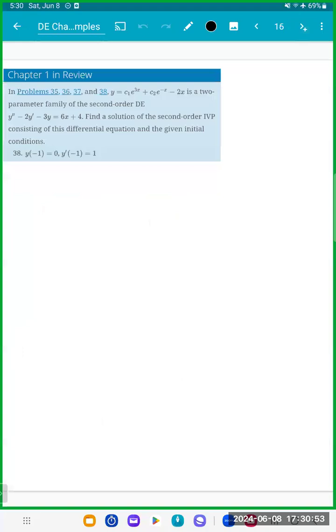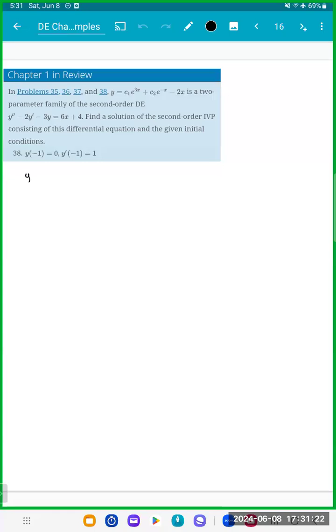Okay. The last example I have from chapter 1 to share with you all is also from the review. This one is like problems 35 through 38. I'll work number 38 here. We want to find a solution of the second order IVP consisting of this differential equation given this initial condition.